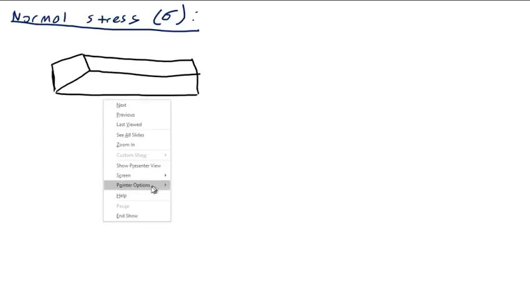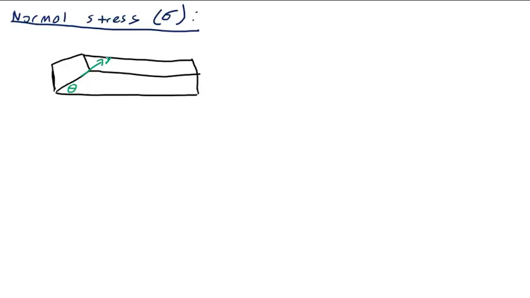So this cut is at a certain angle theta, so we're not considering just the perpendicular cuts. We have a local y-axis and a local x-axis. Y is along the cut, and x is perpendicular to the cut, like shown.